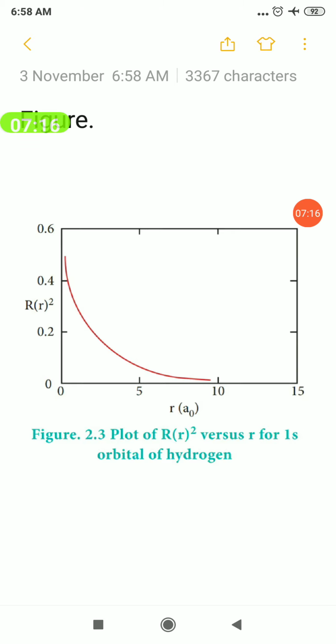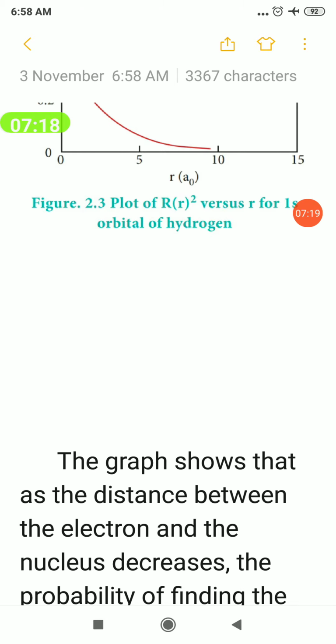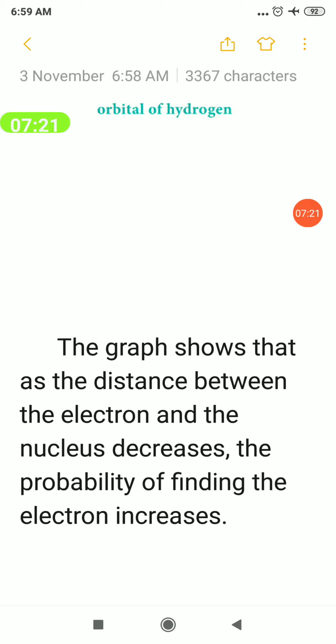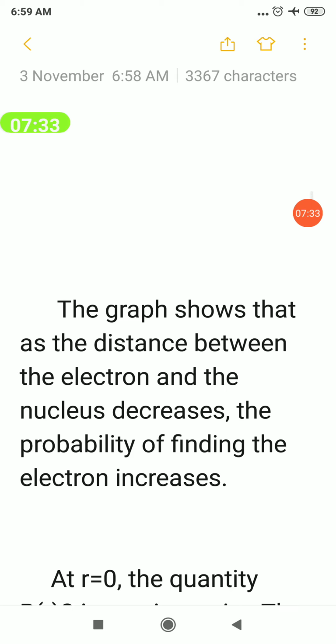Okay students, so from this graph what we can conclude is when the distance between the electron and the nucleus decreases, the probability increases. So this is the radial distribution function which represents the distance between the nucleus and the electron. At r equal to 0, this point here, the probability will be maximum.